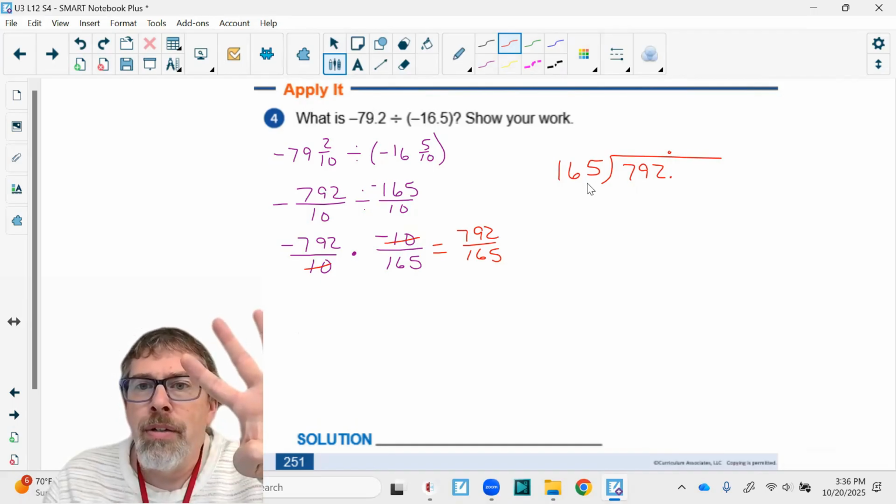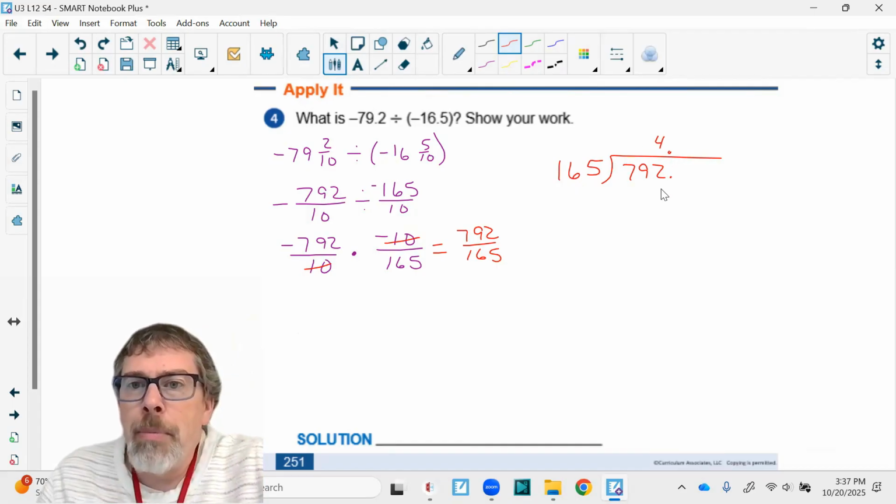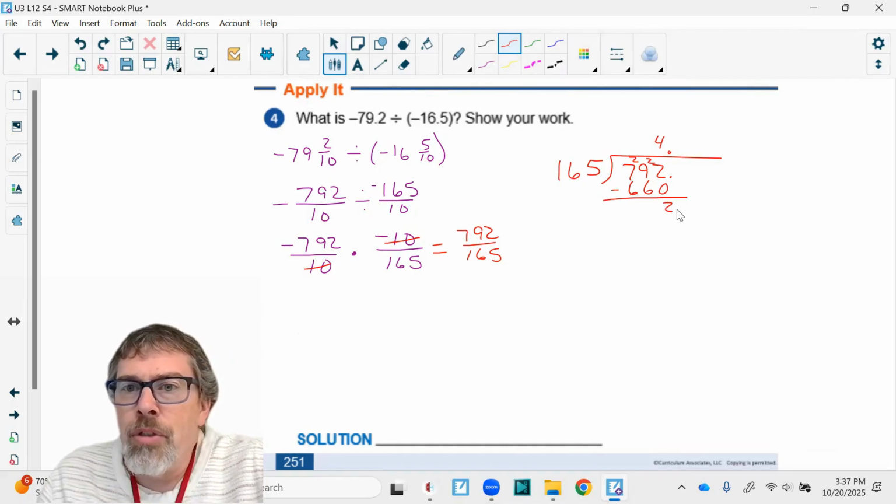That's 4. 660 plus 160 is over 800, so I can only do 4. So I can't do 5. So it's going to be 4. 5 times 4 is 20. Carry the 2. 6 times 4 is 24. Plus 2 is 26. 4 times 1 is 4. Plus 2 is 6. Subtract. And I'm going to get 2 minus 0, which is 2. 9 minus 6, which is 3. 7 minus 6, which is 1.